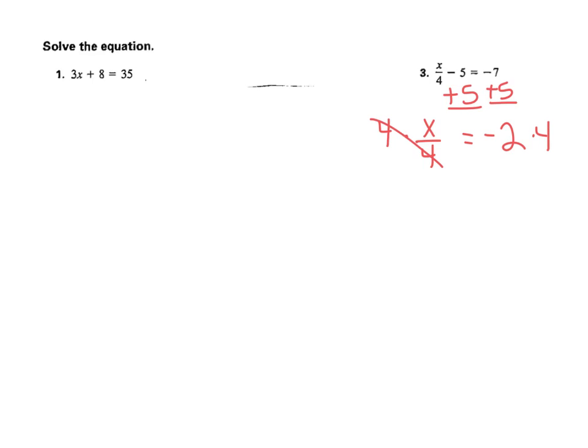And then I will have my final answer. X is alone on the left. Negative 2 times positive 4. Negative 8. Okay? Number 5 and number 7 are very similar to number 3. So keep that in mind when you're doing 5 and 7 as well. All right?